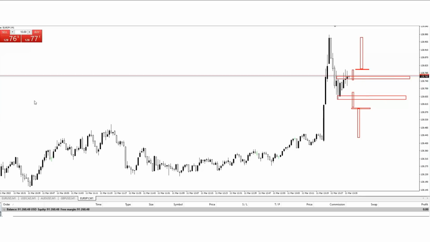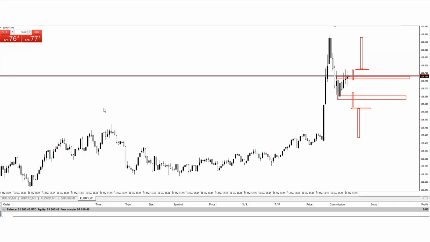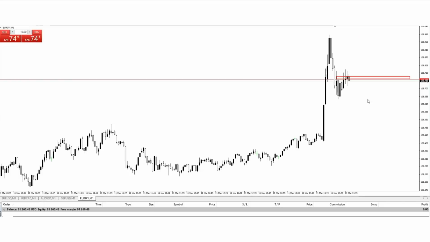So we're looking for a break above or below with two candle theory, and then we're looking for a continuation. Gotcha. So if this closes bullish above, then we're looking at two candle theory to buy. But if it doesn't and it continues to drop, we're waiting for it to drop below this level.